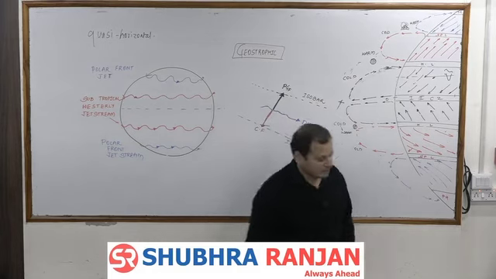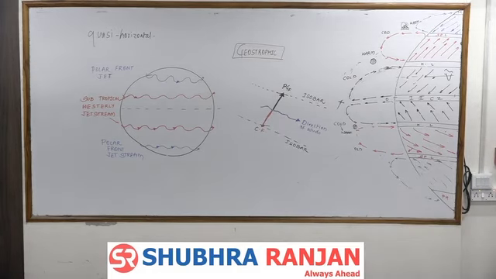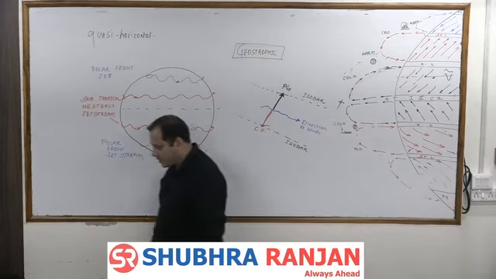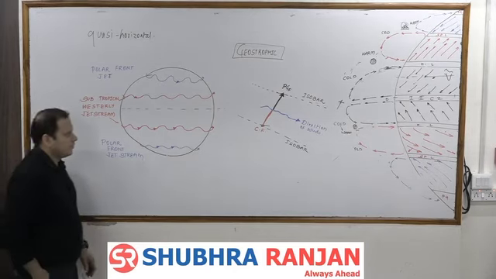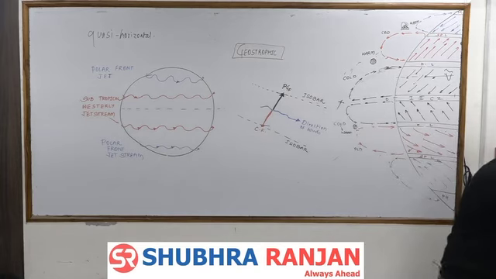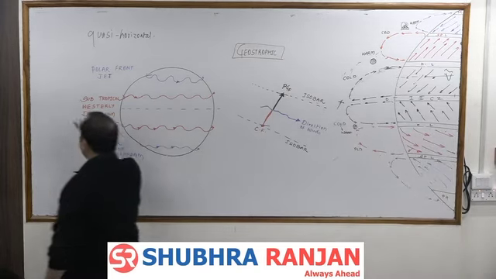So you take down the simple definition. An upper air circulation which generally goes from west to east, in a circumpolar manner and having meandering.